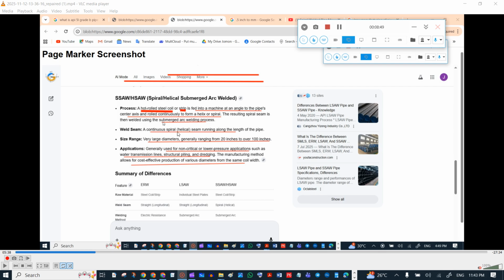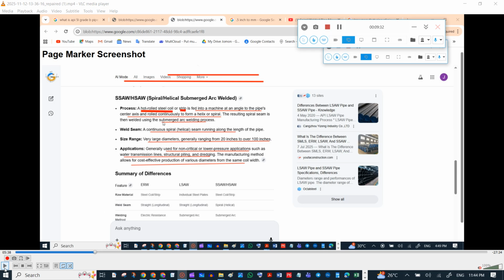So a continuous spiral seam runs along the length of the pipe, with very large diameters ranging from 20 inches to 100 inches. 20 inches means about 500 mm, and 100 inches will be more than 1500 mm. Applications are for non-critical or lower pressure uses, water transmission lines, structural piling, or dredging. Manufacturing is also cost-effective, with production of various diameters from the same coil width.